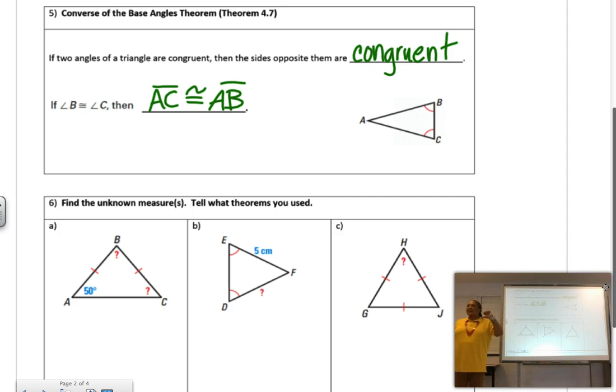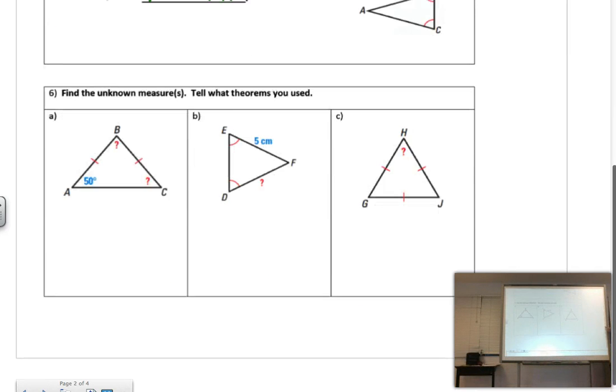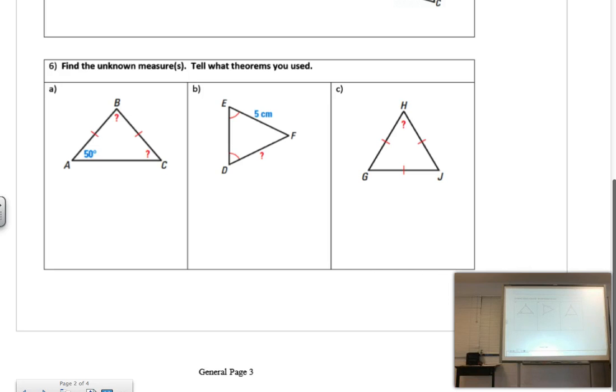Anybody lost? Everybody good? Let's keep rolling. Because now we're going to do some problems. We're going to be finding the unknown measures. And we have to say which theorem we use.